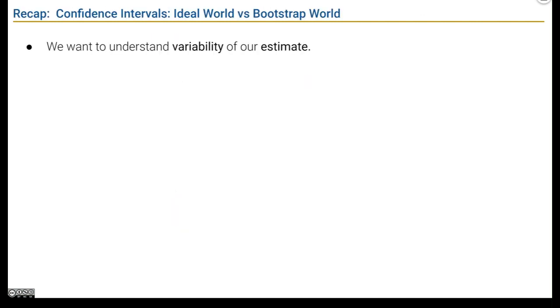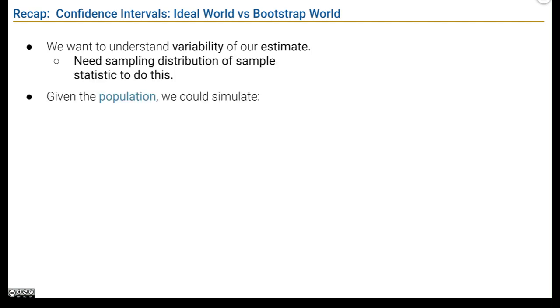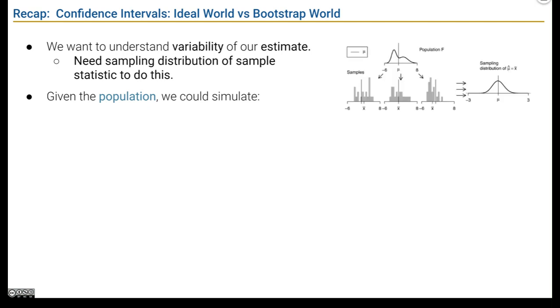All right, so recap of what we've just covered. Confidence intervals are our tool when we're trying to understand variability of our estimate. Ideally, if we had the population or we had the ability to go back and take unlimited samples from the population, we could come up with our sampling distribution of our statistic and capture that variability that exists around our sample statistic.